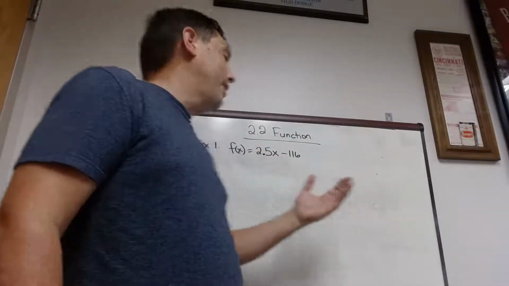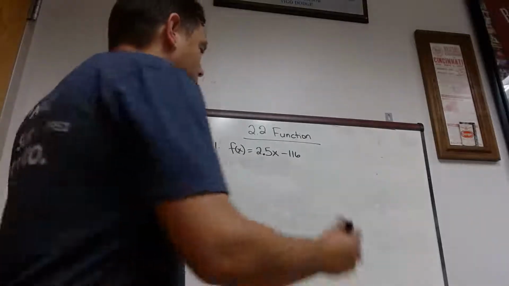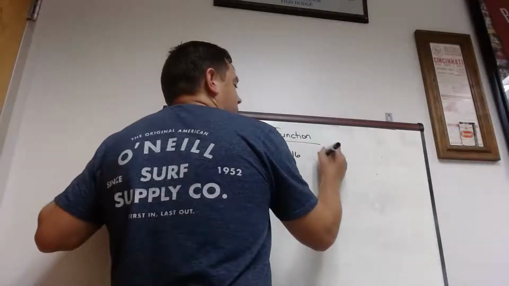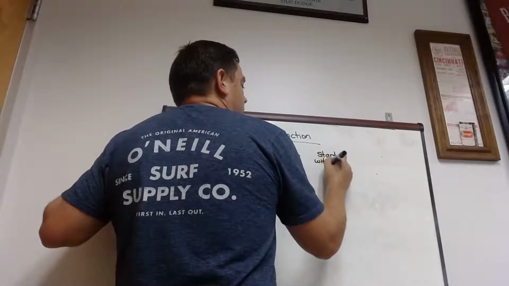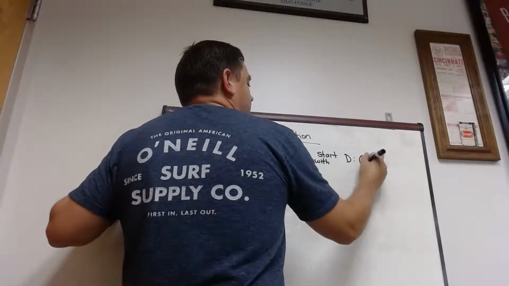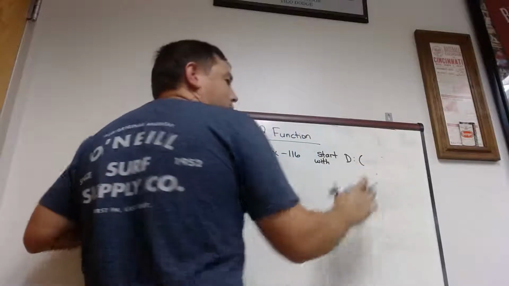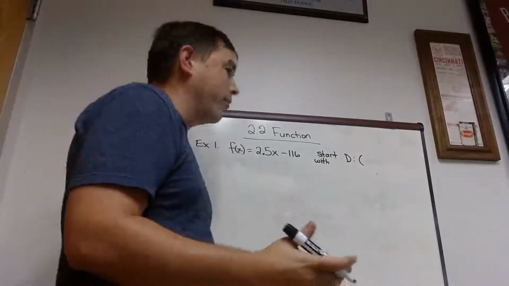But remember, the first thing here was to start with all real numbers. So I'm going to start with the assumption that the domain is all real numbers. And in interval notation, if you don't recall interval notation, this is something you should probably remediate.